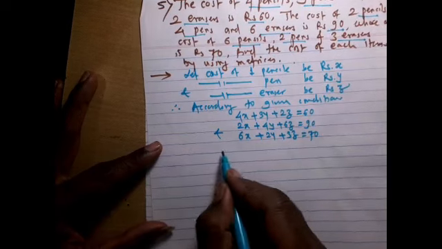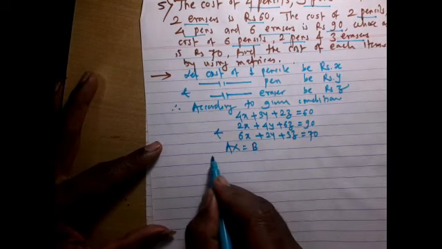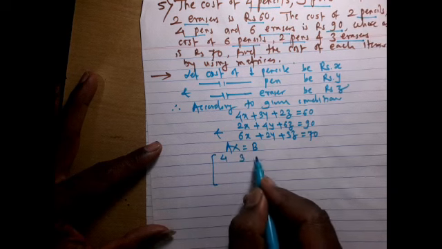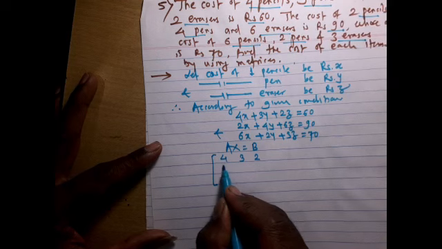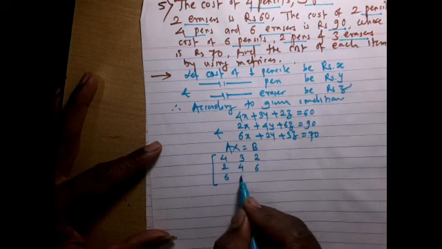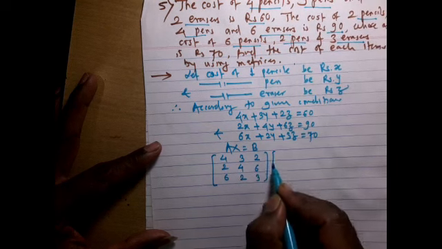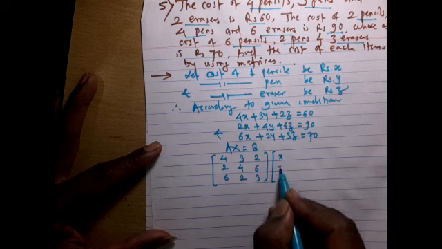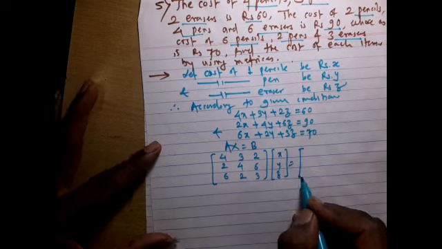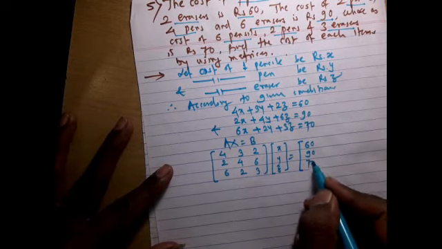Now write in the matrix form AX is equal to B. That matrix equation: A is 4 3 2, 2 4 6, 6 2 3. This will be X Y Z, and on the other side 60 90 70.